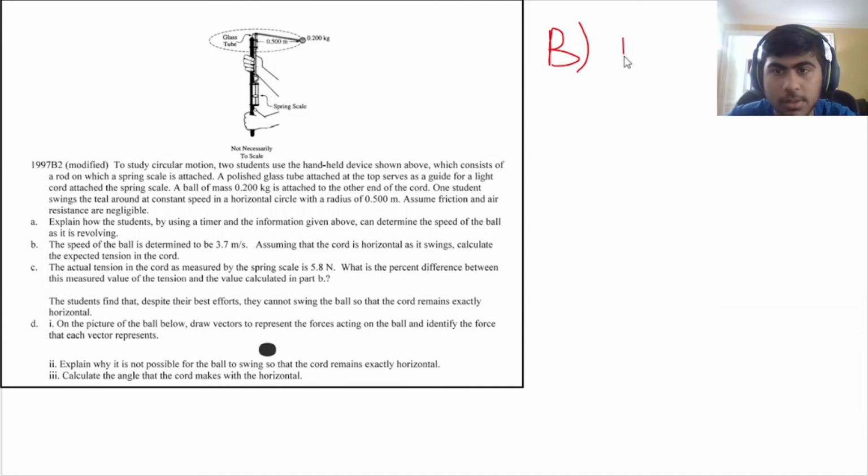So, of course, we just use F equals the mass times the centripetal acceleration, which is the velocity squared over r. Put out our calculator again. 3.7 squared over r, which is 0.5, times the mass gives us, let's round it off to 3 decimal places.